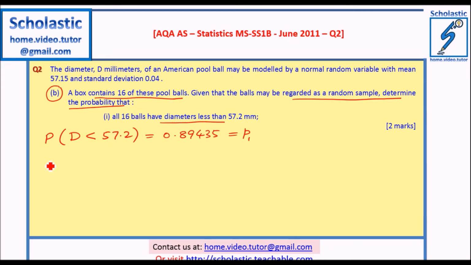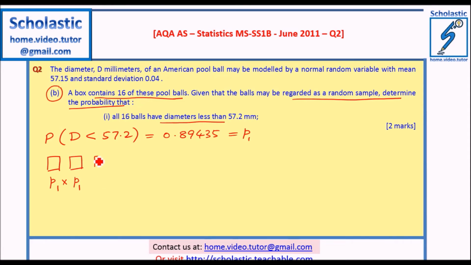That means we take the first pool ball, second pool ball. The probability of the first pool ball to be less than 57.2 millimeters is P1, and if you take two of them, both of them to be less than 57.2 is P1 times P1.